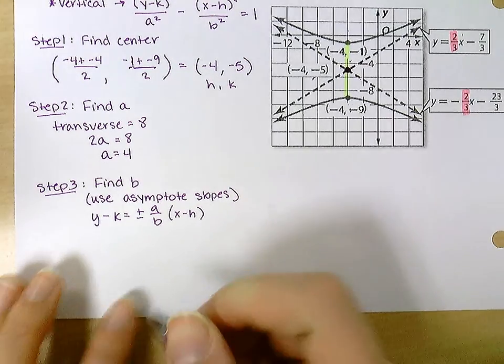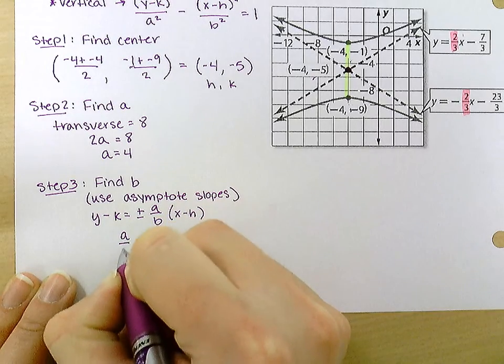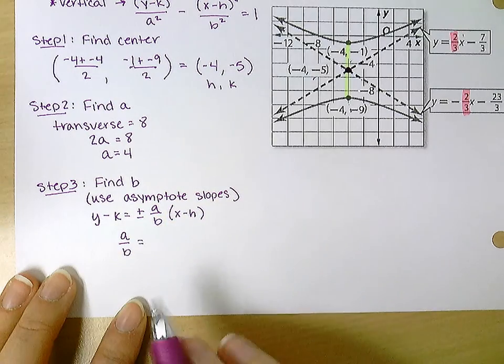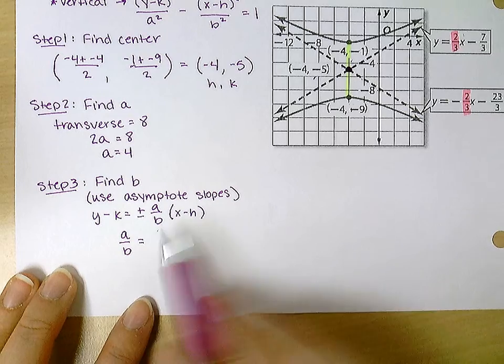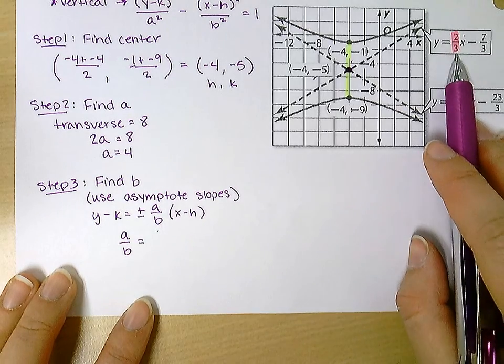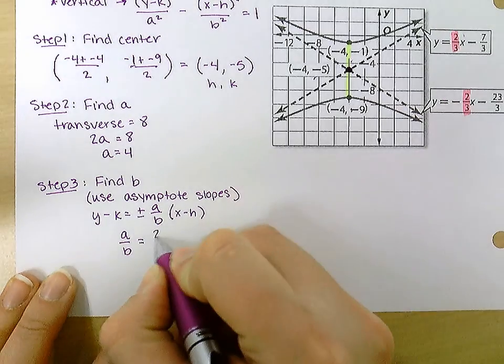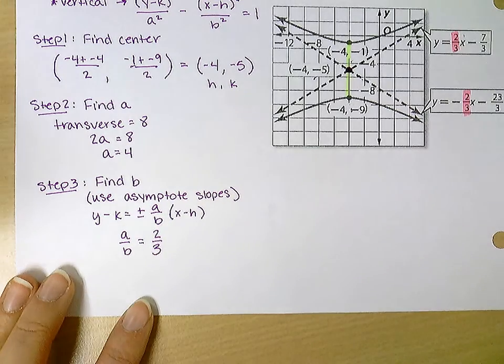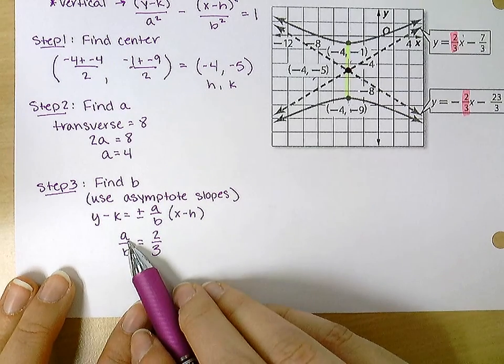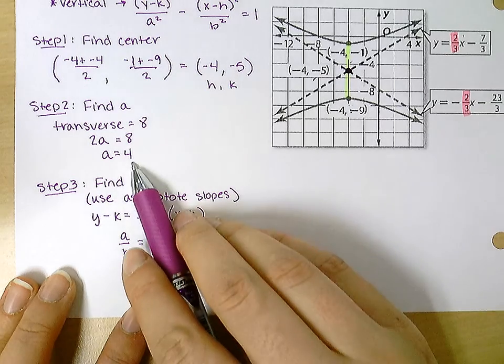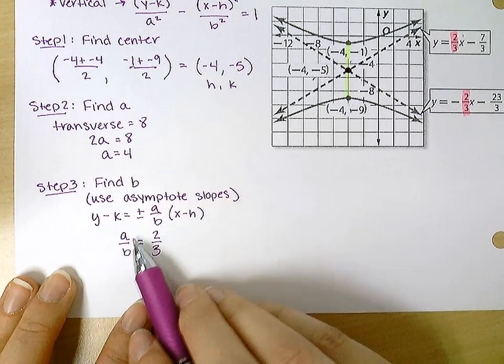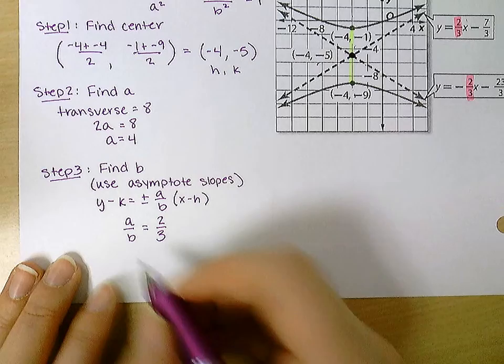So using a over b from that slope, I'm going to set that equal to 2 over 3 because that's the slope from our line. Now I know what a is, right? A is 4. So I'm going to replace a with 4.